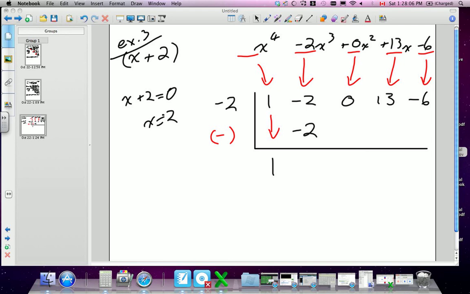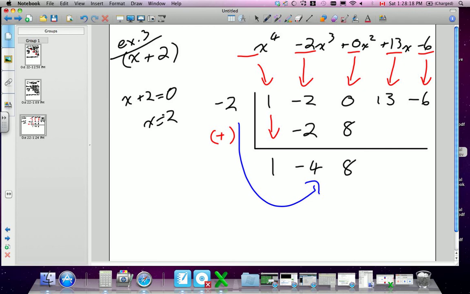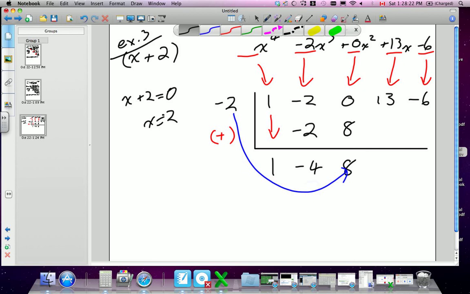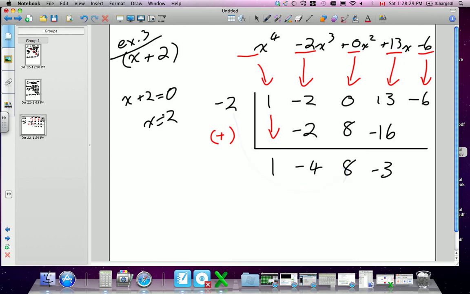We add these two terms. So negative 2 plus negative 2 is negative 4. Then we do negative 2 times negative 4, which is 8. We add 8 plus 0, we get 8. Negative 2 times 8 is negative 16. Add those together, we get 3. And negative 2 times 3?